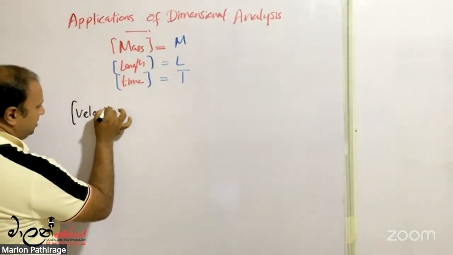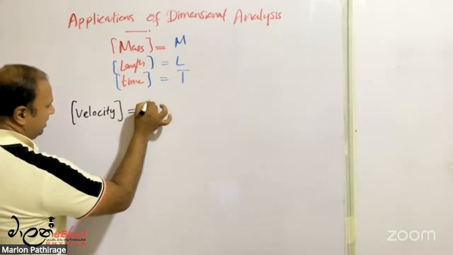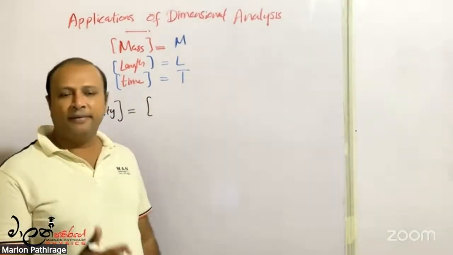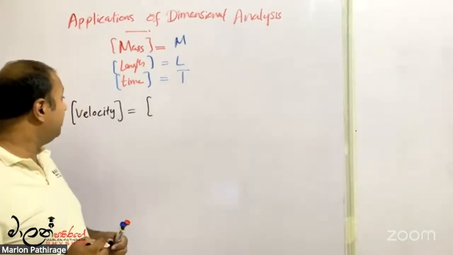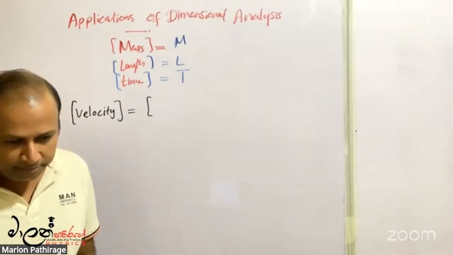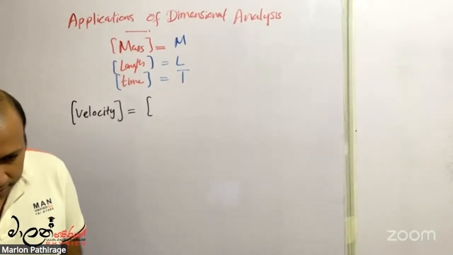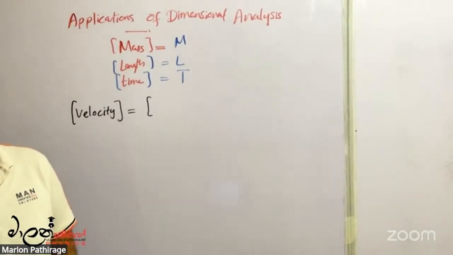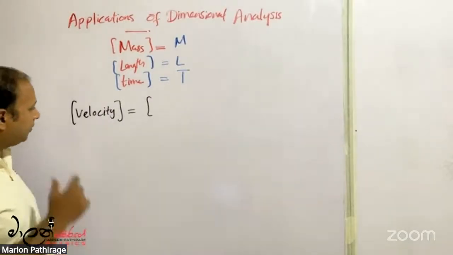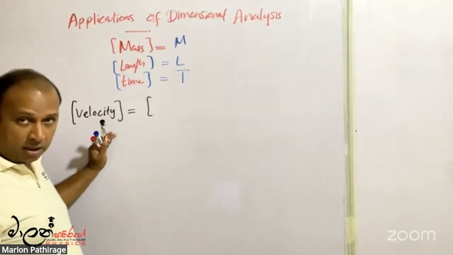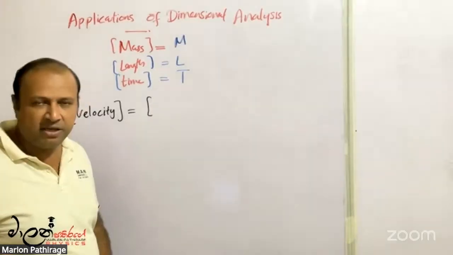The dimension of velocity can be written as follows. First, you have to write the relationship between the particular derived physical quantity and the basic physical quantities.